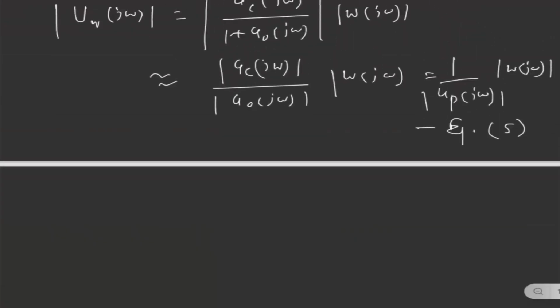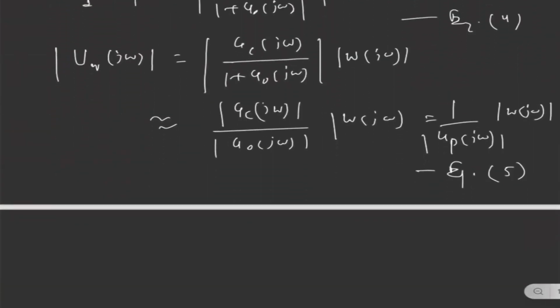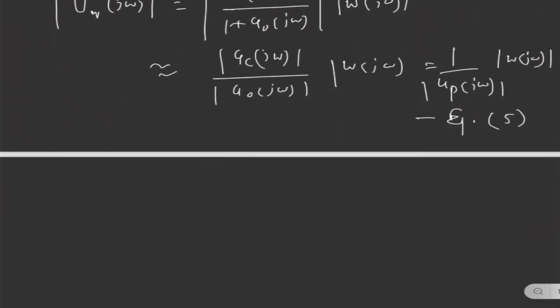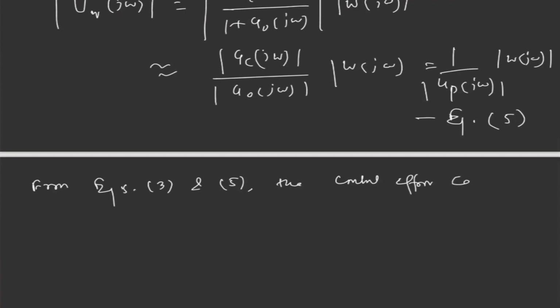It is clear from equations 3 and 5 that the control effort can be very large if the plant gain is small.